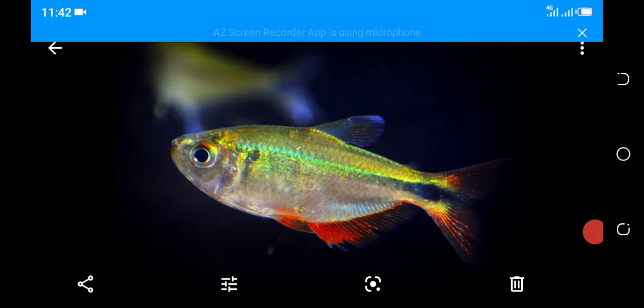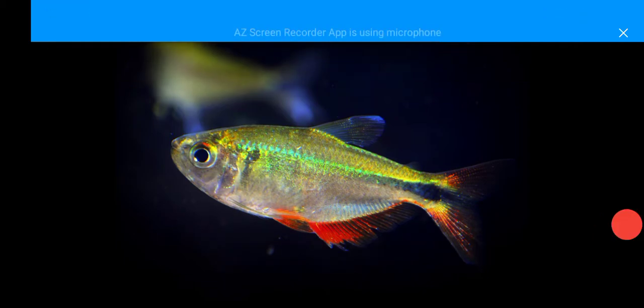So now we know the common characteristics in the group of fish, and now we will talk about the place where fish live. Fish can be found in seawater or fresh water. Seawater is water in the seas and oceans.